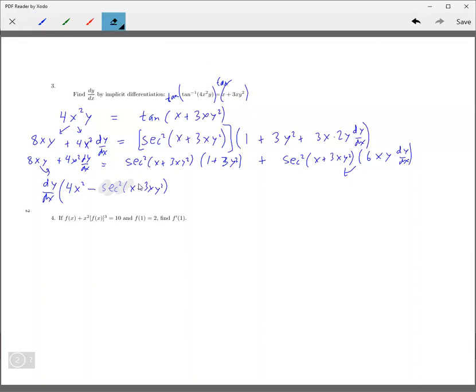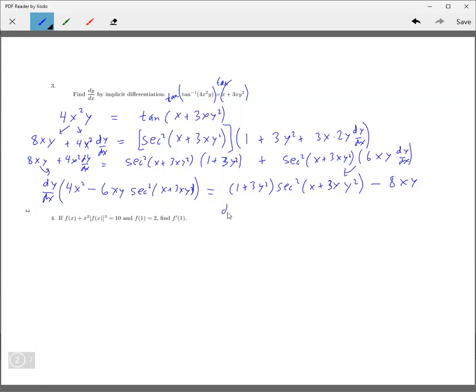Here, let me put the 6xy out in the front. And I'll put this out in the front too. Minus 8xy. Okay. Then I'm going to divide both sides by this.